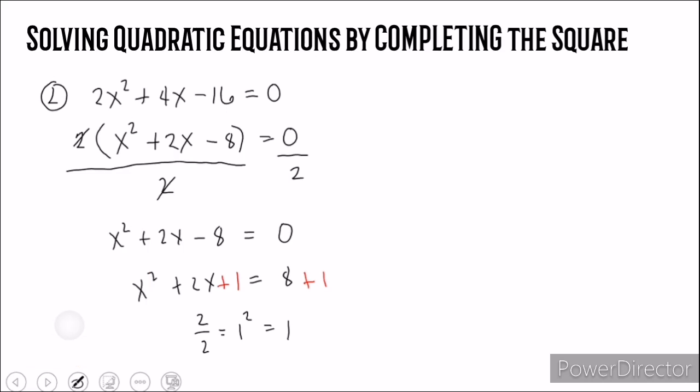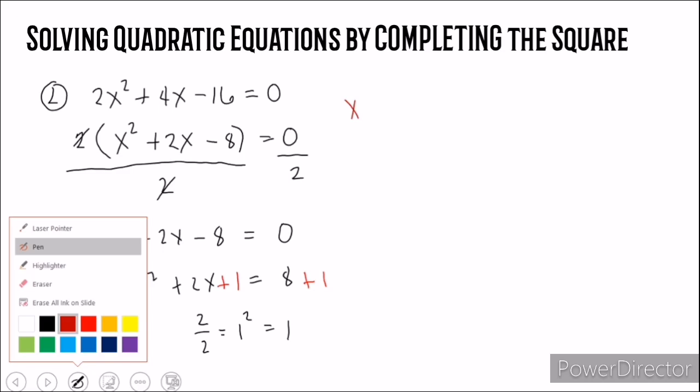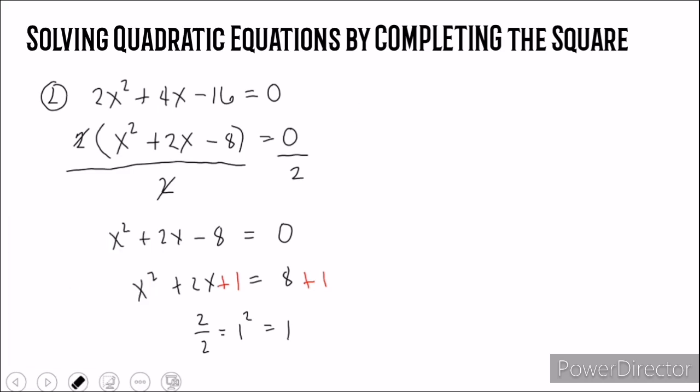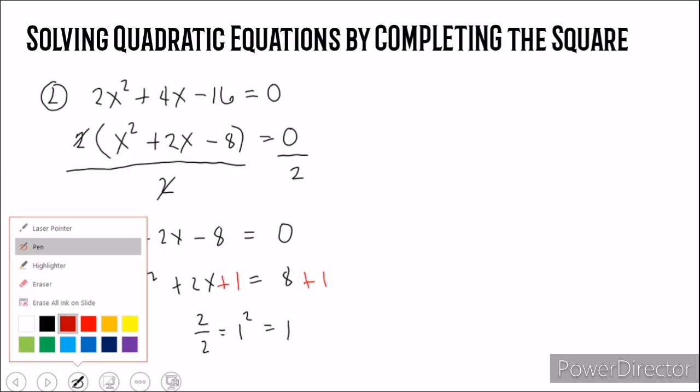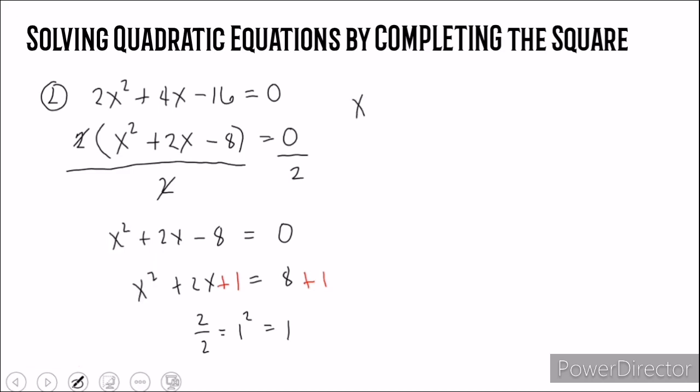So, we have x squared plus 2x plus 1 is equal to 8 plus 1, which is 9.